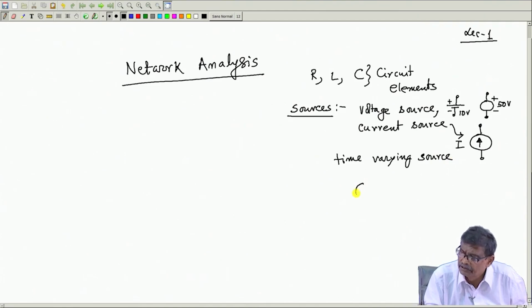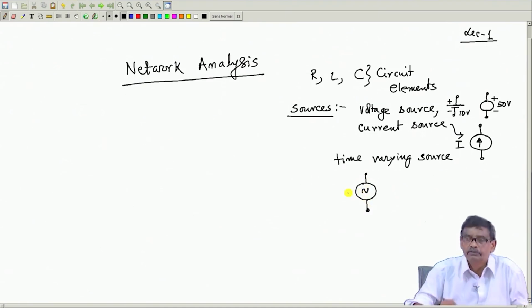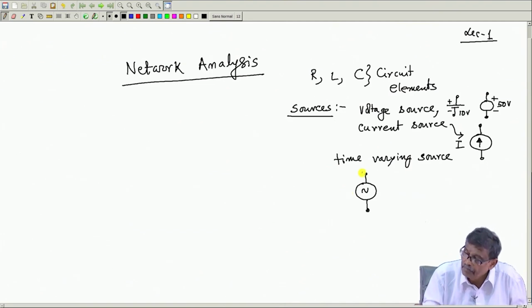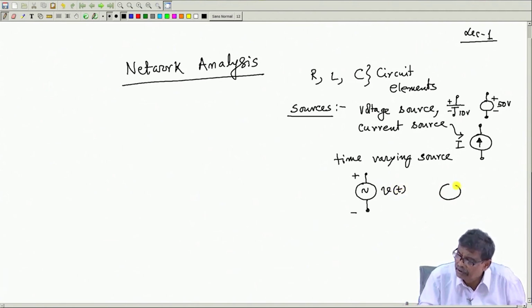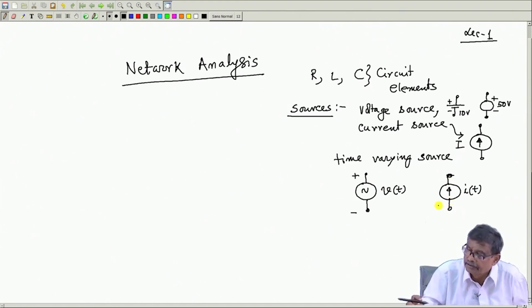A sinusoidally varying time varying voltage source could be represented by this sinusoidal symbol, and it will be indicated like this, V(t). Similarly, you can have a time varying current source exciting a circuit, and the circuit consists of RLC.